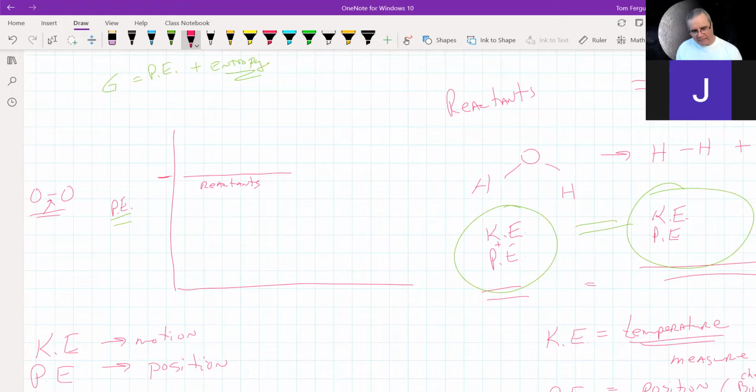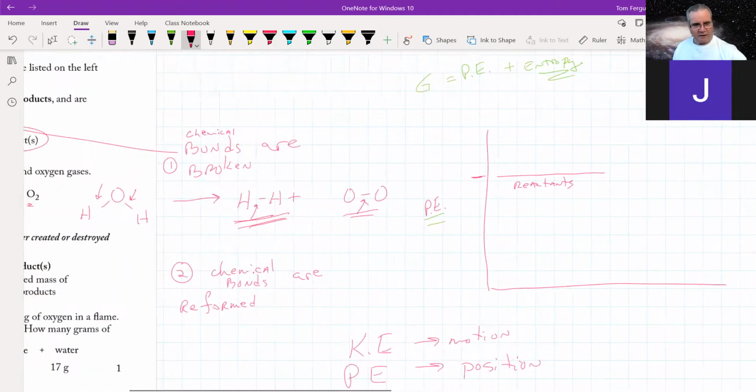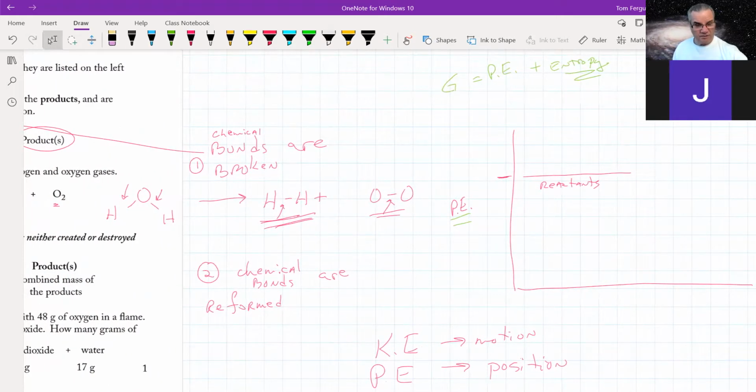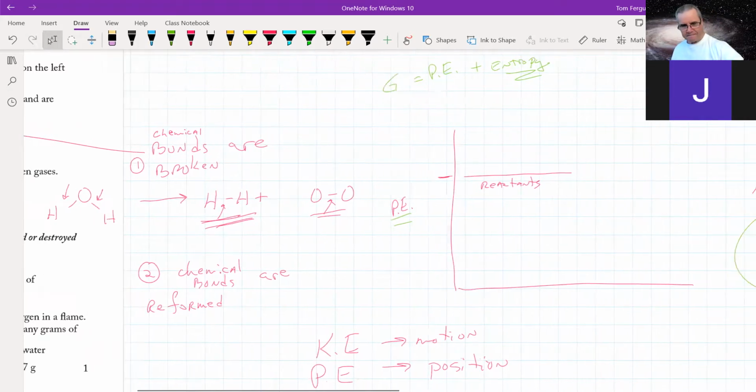For a reaction to happen, we have to get something that's more stable than what we started with. The universe is like that. If it's not more stable than what you started with, it won't happen. It's kind of like a long-term relationship. It's got to be more stable in the long term, otherwise it's not going to happen long term. Okay, same with chemistry. We have reactants and we have products.